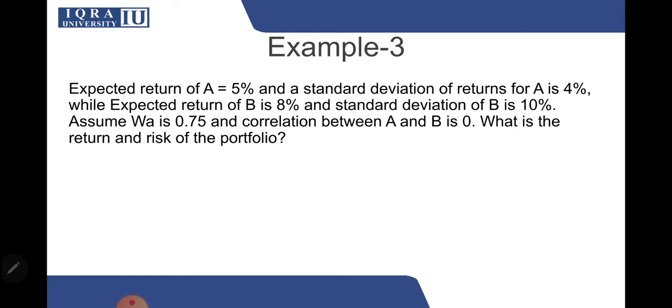So the expected return of A is 5%. So you have RA that is 5%, and the standard deviation of return for A is 4%.